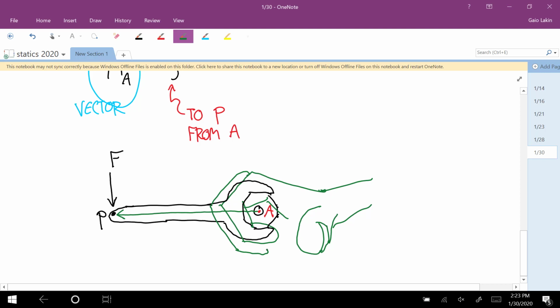So the moment is going to make it rotate counterclockwise, fingers go counterclockwise, and your thumb comes out.